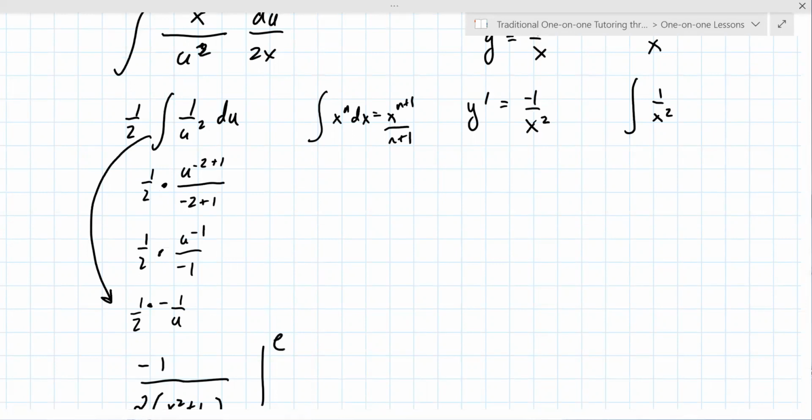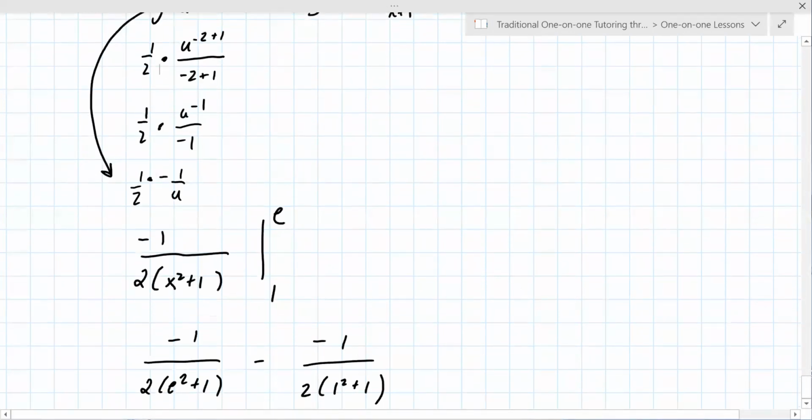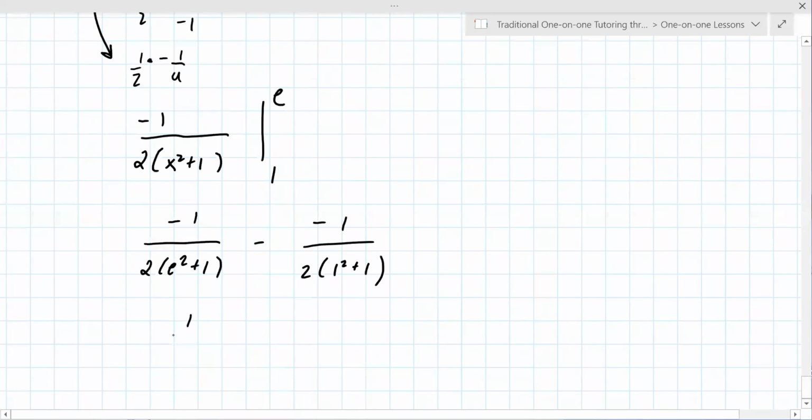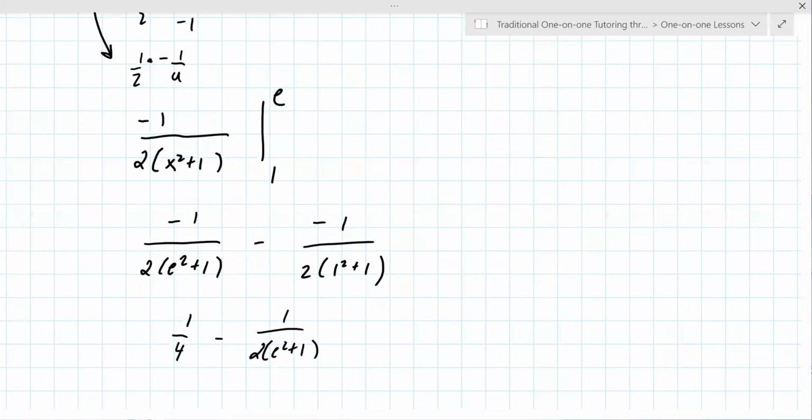Okay. Negative 1 over 2 x squared plus 1. Let me try. Negative 1 over 2 e squared plus 1 minus negative 1 over 2 times 1 squared plus 1.